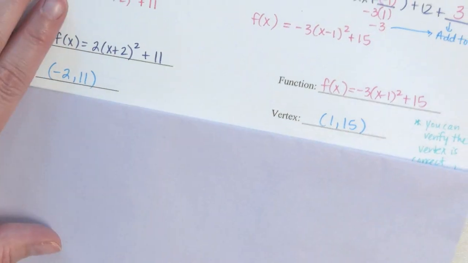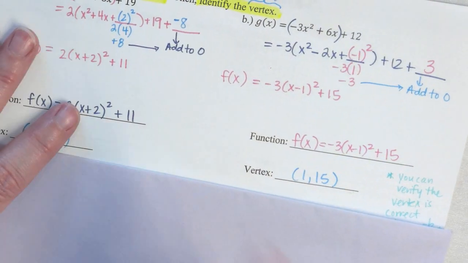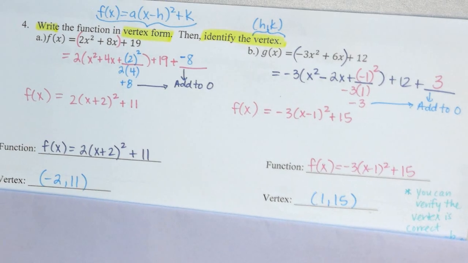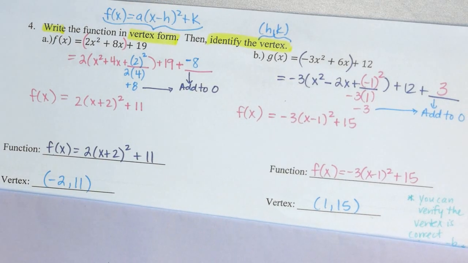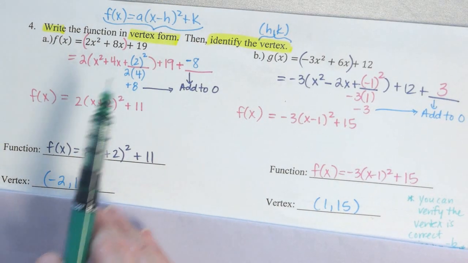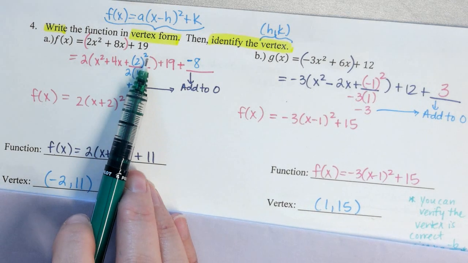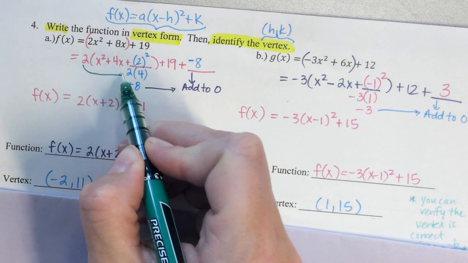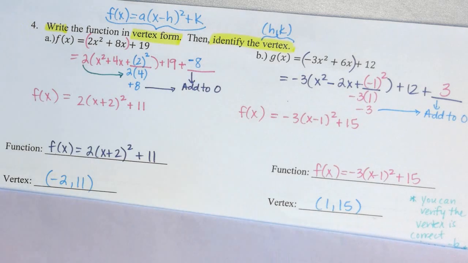Both of these, your a values were not 1. So if your a value is not 1, you have to factor it out of both. Once you do that, now you can take half of 4 and square it. So 2 squared is 4. Remember, this distributes. 2 times 4 is 8, so if I'm adding 8 here, I have to subtract it here.